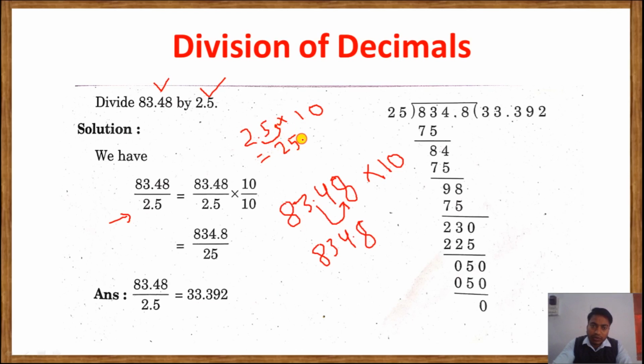Then the decimal point will come here, and on the right side we can write 0. So 25 we can also write, no need to give the decimal and 0. Understood? So here I am taking 25, and here 834.8. Now this we have to divide by 25.